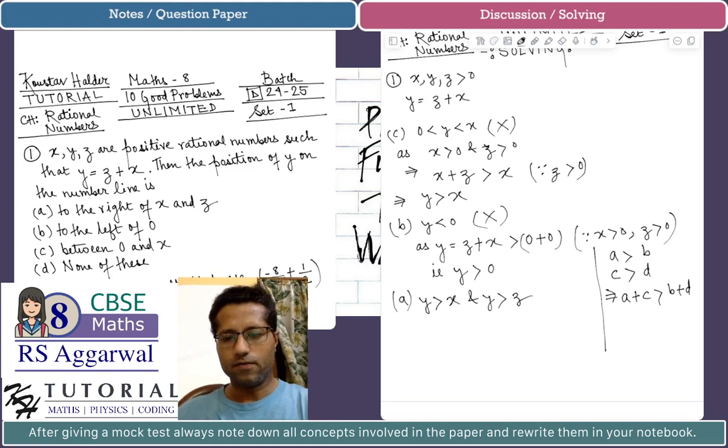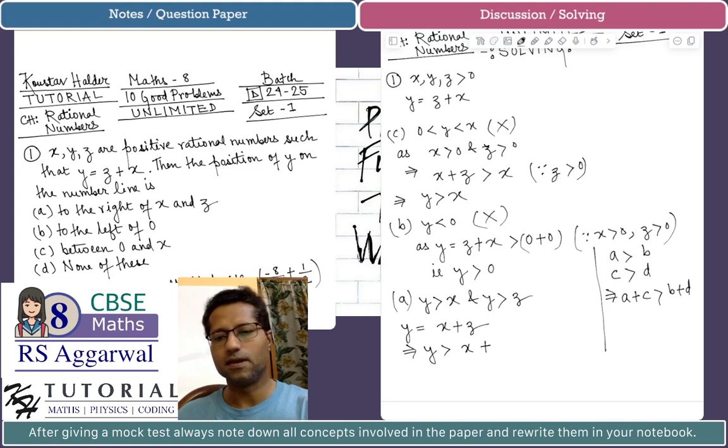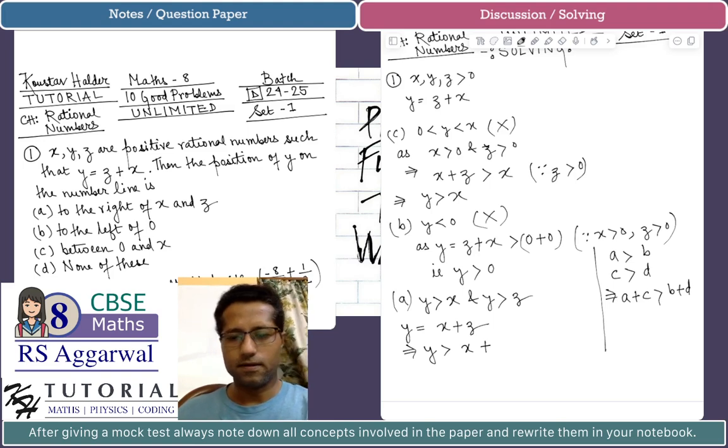So we have y equals to x plus z. Now this implies that y will be greater than x.